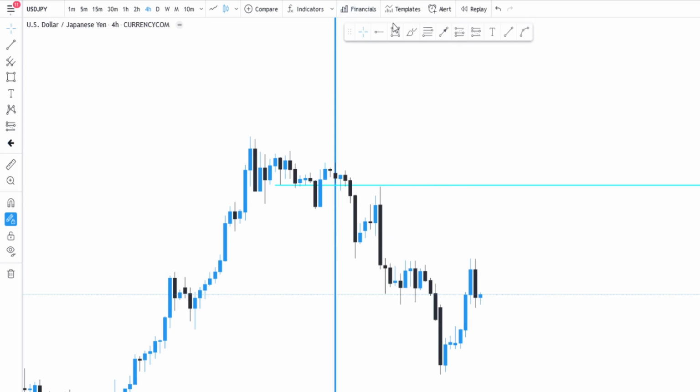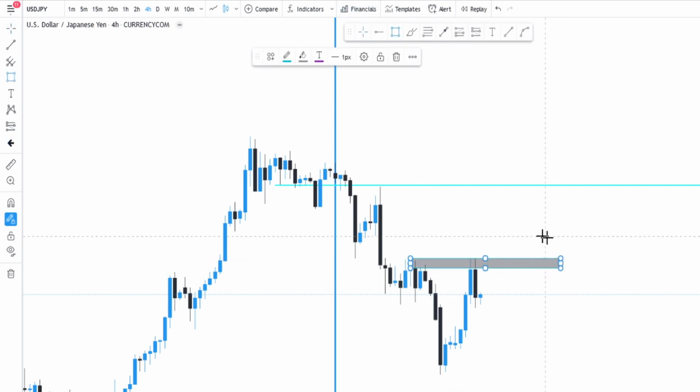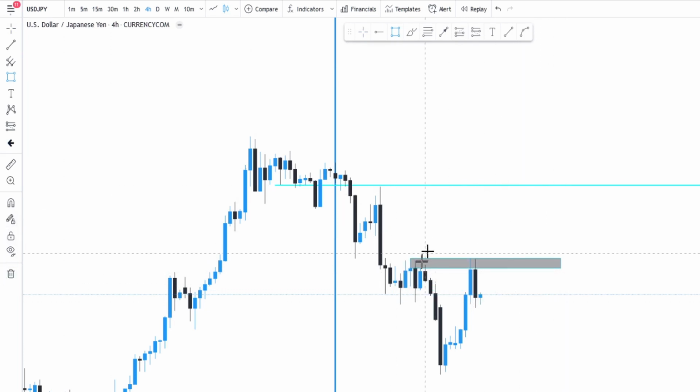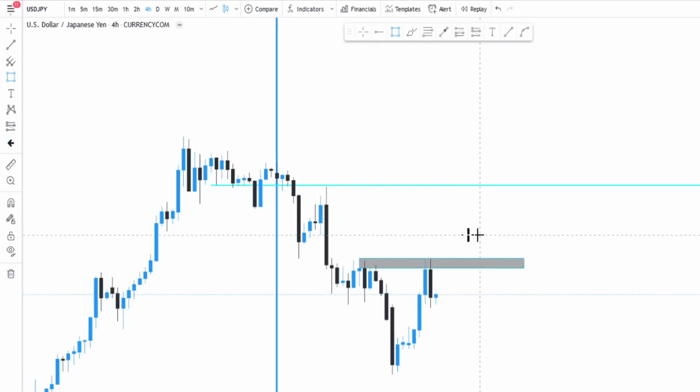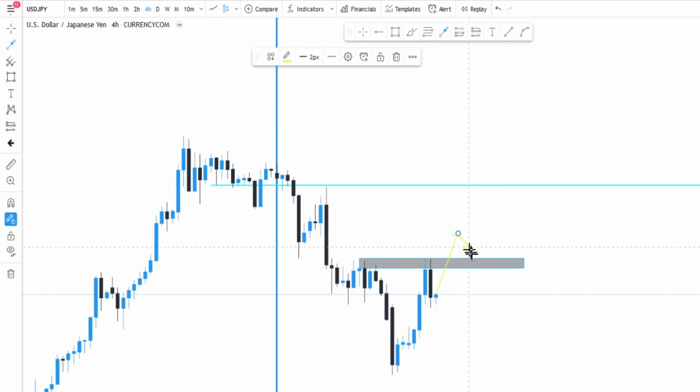here we got a zone that the price respected. Here the price dropped and then retested here. So for a break of this structure to go up, we need to look for a break, retest, and then go up.